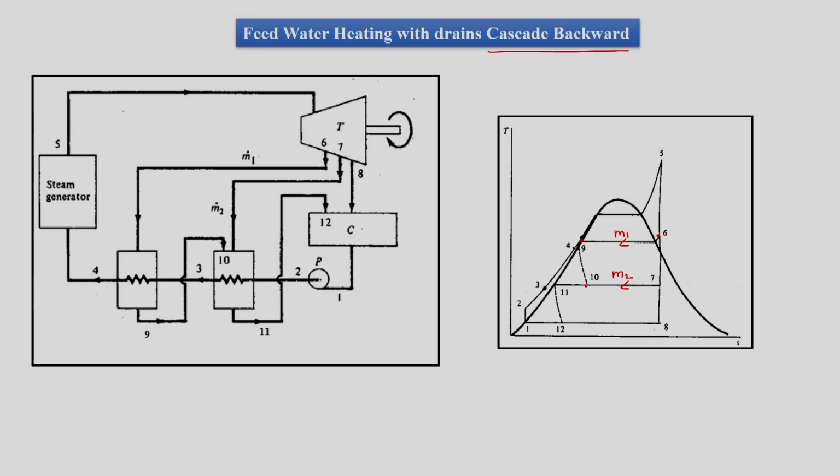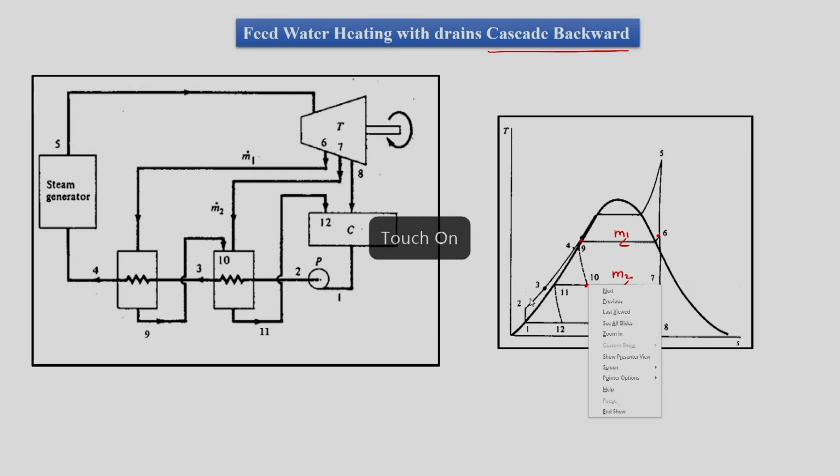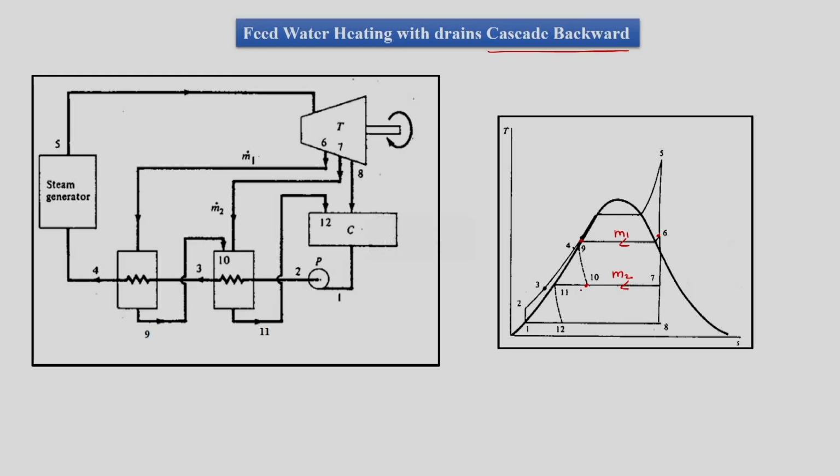So, this bleed is coming back to the low pressure, and in the low pressure it is used to heat further the liquid water, and in this phase it will transfer its enthalpy to the liquid water such that water will go from state 2 to 3. Here when it came from state 6 to state 9, water went from 3 to 4.